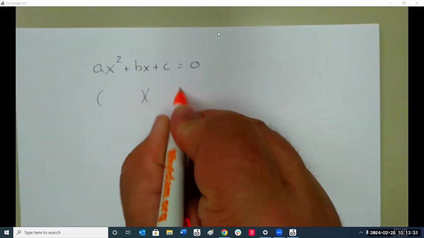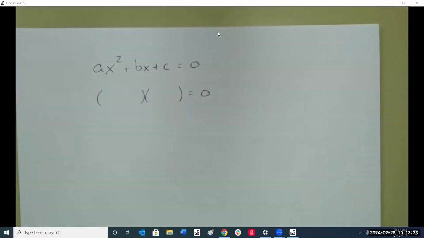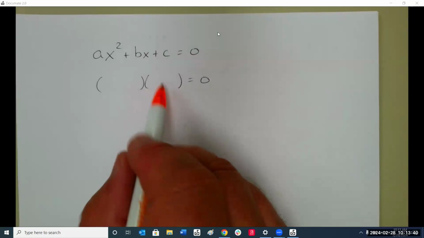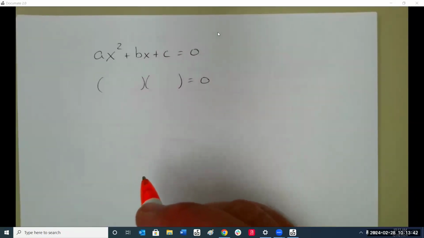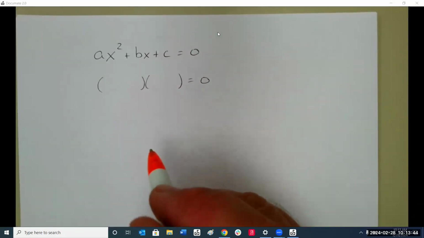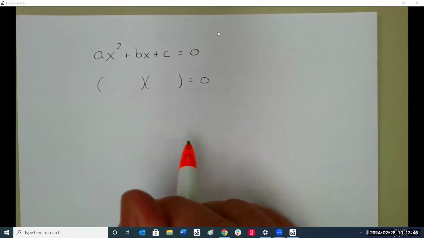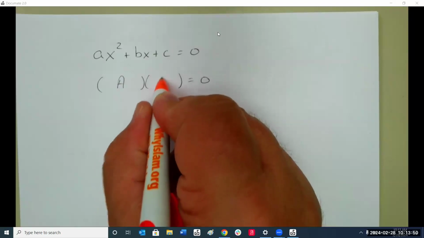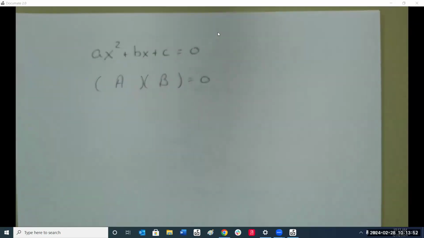If we can factor it, then it looks something like this. And we're going to spend some time learning how to factor. So let's say this is an equation. We'll call that A, and we'll call this one B. These are expressions inside there.